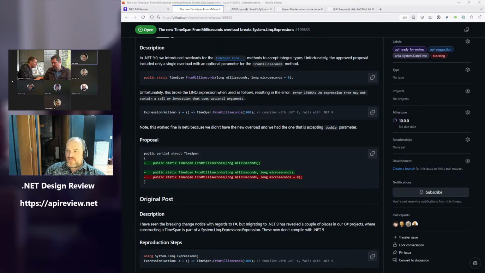How does that fix LINQ expressions? Won't it still conflict between the long and the double overload? No, actually, if you pass something that's not annotated with F or D or whatever, it picks the long overload, and at that time it will pick the one which has just one parameter, long milliseconds.